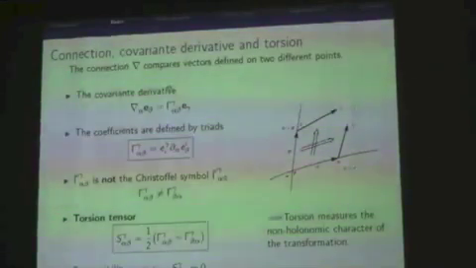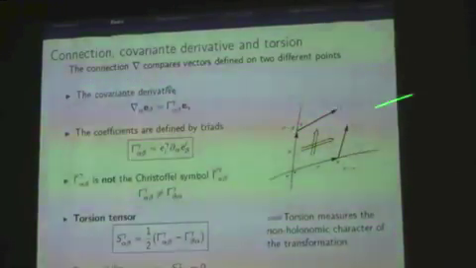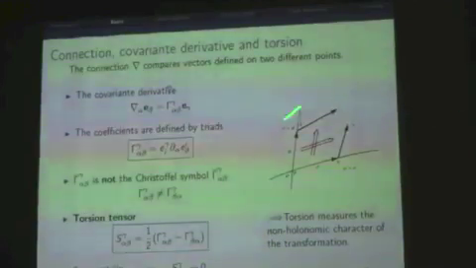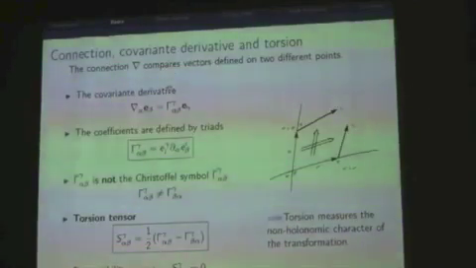That means that when I make a parallel transport of a vector along a line, like that, and a parallel transport of the other vector along the other line, I don't close this cube, this square. So it's almost the same situation that we have obtained in the case of dislocation.